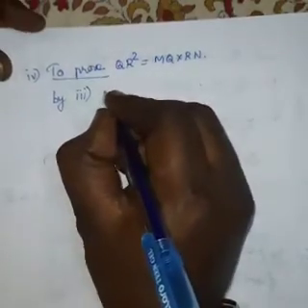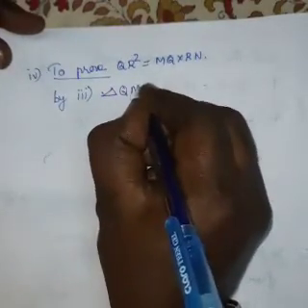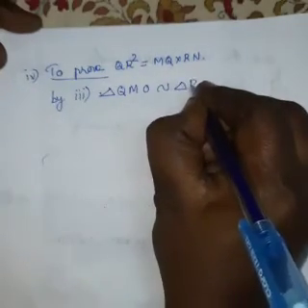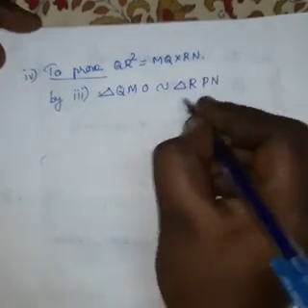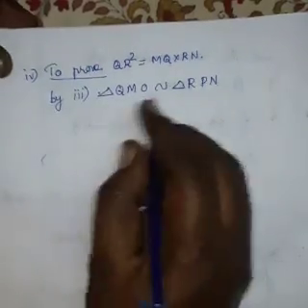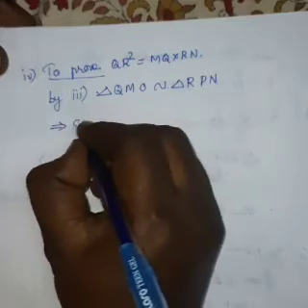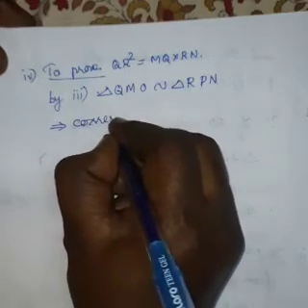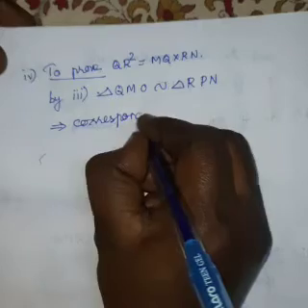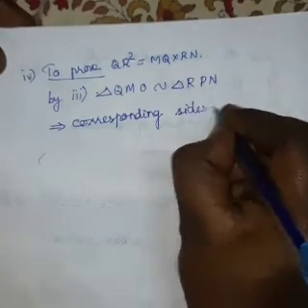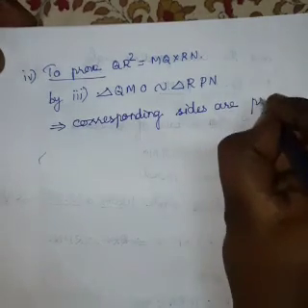We got it by 3, triangle QMO similar to triangle RPN. Without drawing the diagram itself, we can write, since the triangles are similar, corresponding sides are proportional.